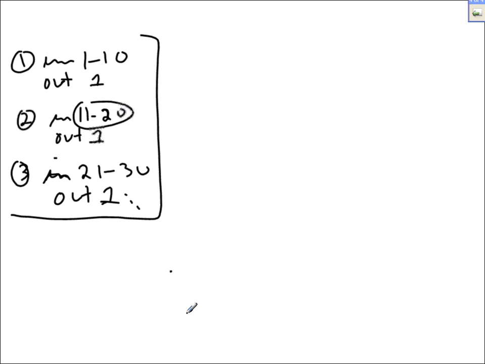Now, this one is less obvious because before, in the first part, we knew that balls number 1, 11, 21, 31 forever, ball 2, 12, 22, 32, 42 forever, all the way down to balls 9, 19, 29, 39 forever remained.